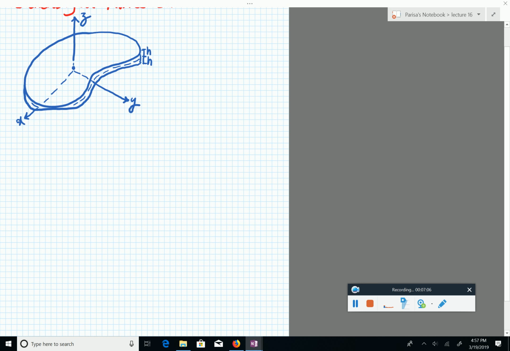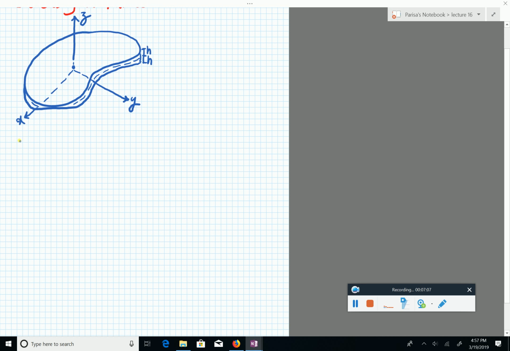If we have a field phi, a function of x, y, z, we can define phi bar as the average of the field through the thickness of this domain.